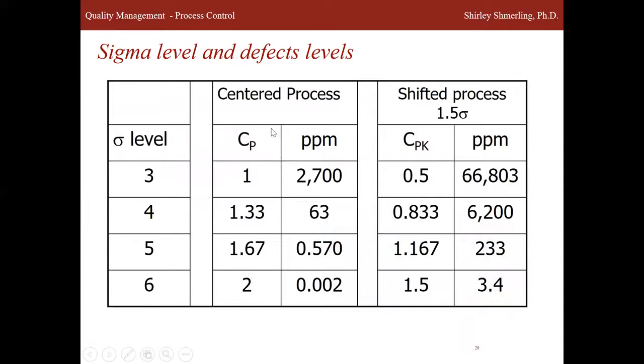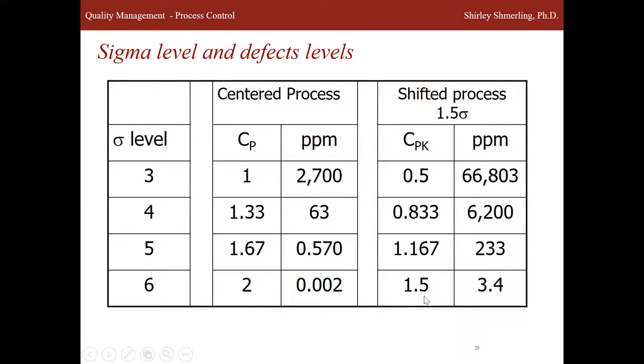When we're looking in general, industry determines what a sigma level is. We want to be at a 6 sigma level, which means the CP should be 2. If we're looking at the CPK, it should be 1.5.